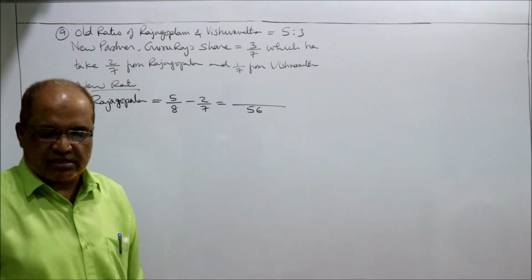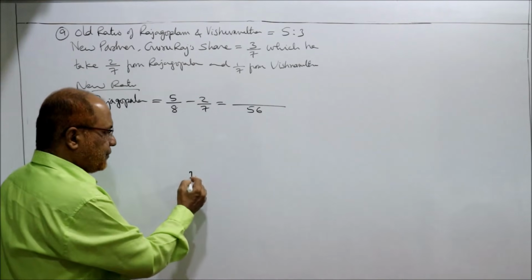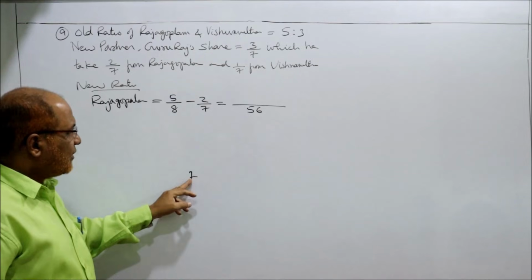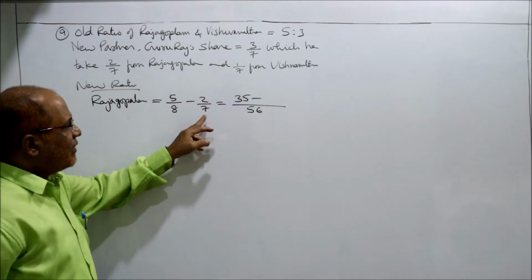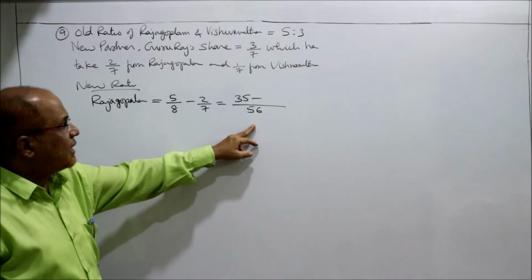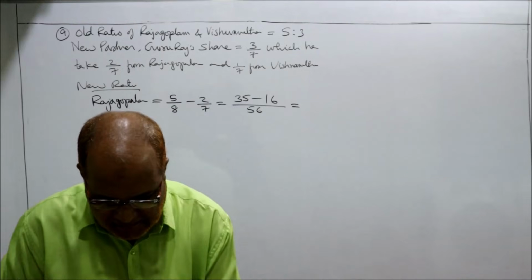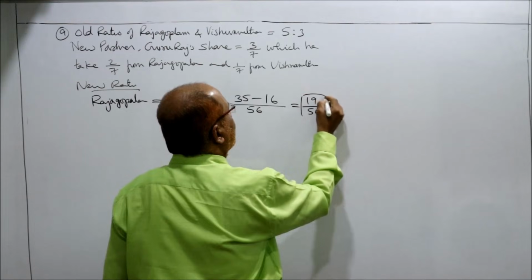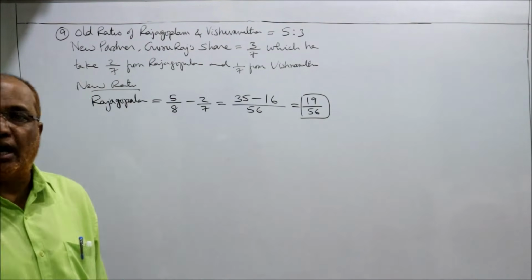Now 8 how many times cuts 56? 7 times. So 7 into 5 is 35. Minus, 7 will cut 56 8 times. So 8 twos are 16. So 35 minus 16, you will get 19 by 56. So 19 by 56 is the new ratio of Rajagopalan.